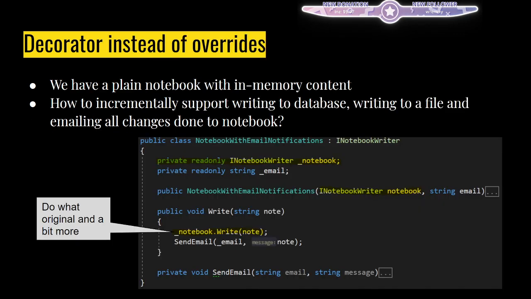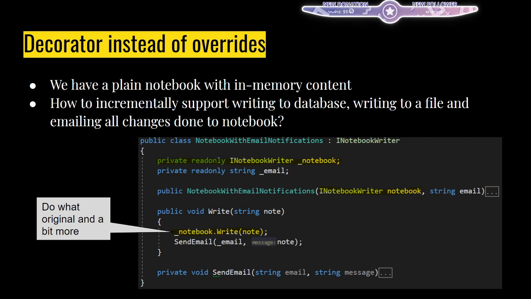How does this look? Instead of overrides, we simply have a kind of wrapper that takes a target for behavior and does something with that target. It invokes the target method and does something on top.